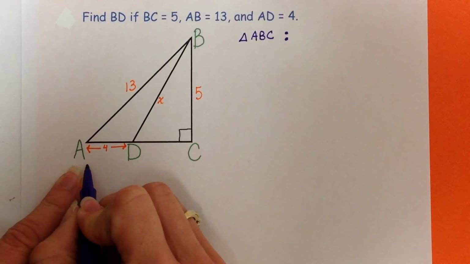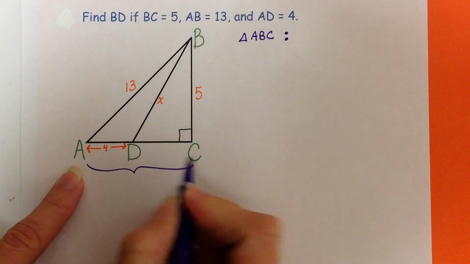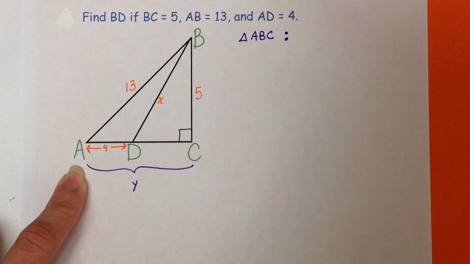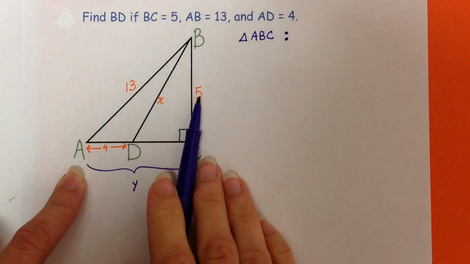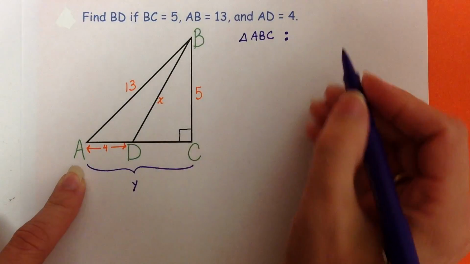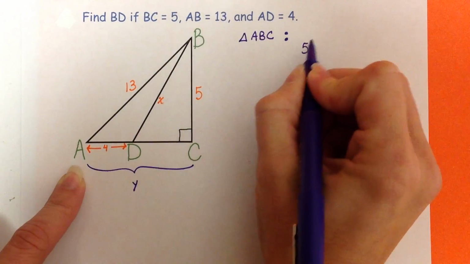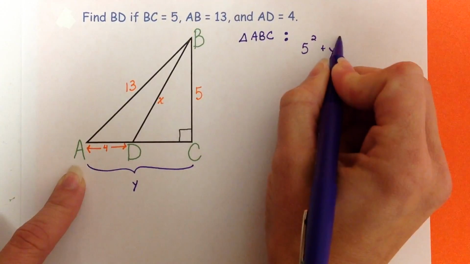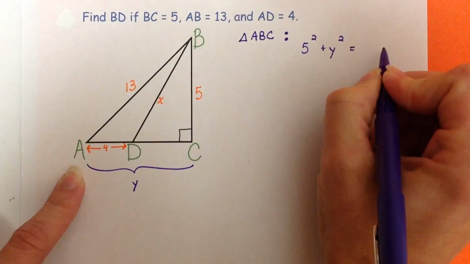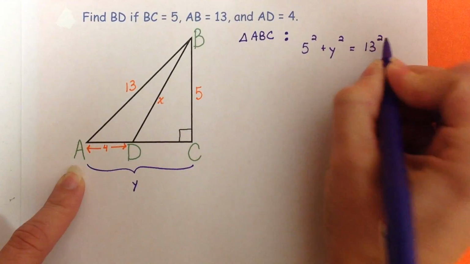So what I'm going to do is refer to this bottom side as Y. When I go to use this in my Pythagorean theorem, the 5 and the Y would have to be the A and the B, and the 13 would have to be the C. So I'm going to say that I have 5 squared plus Y squared is equal to 13 squared.